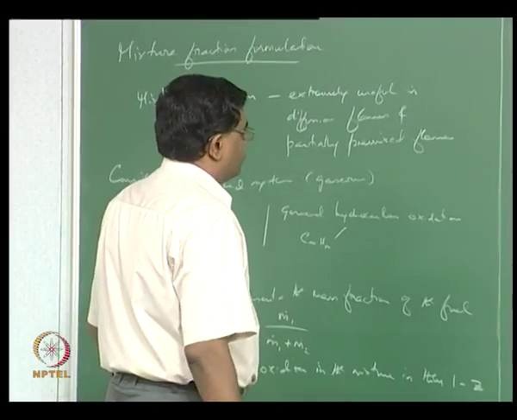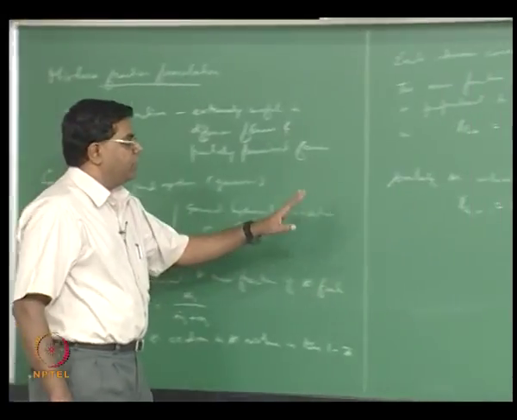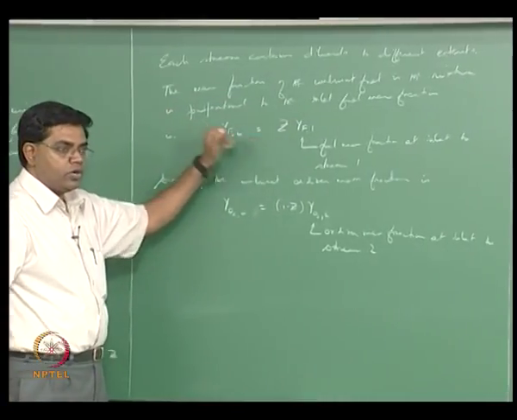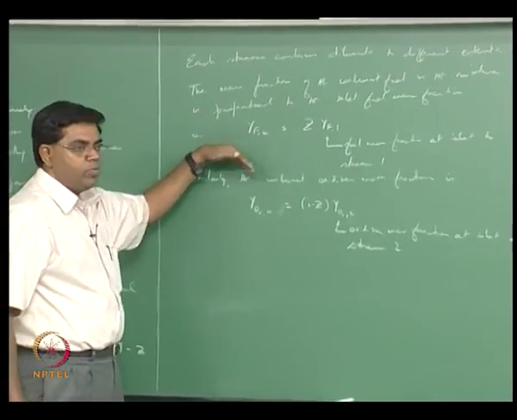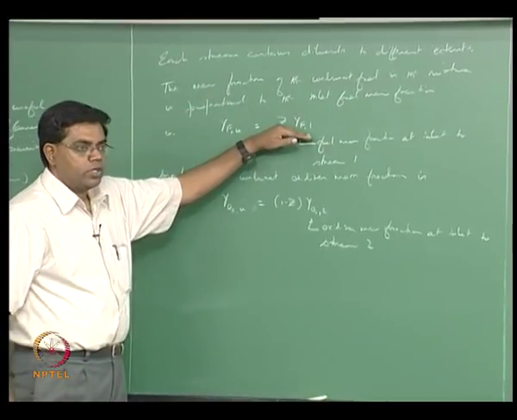With this, if you now think about it, what happens is your unburnt fuel mass fraction and the unburnt oxidizer mass fraction both vary with the mixture fraction Z linearly. In other words, if Z were more, your YF,U would be more, proportional to YF1.